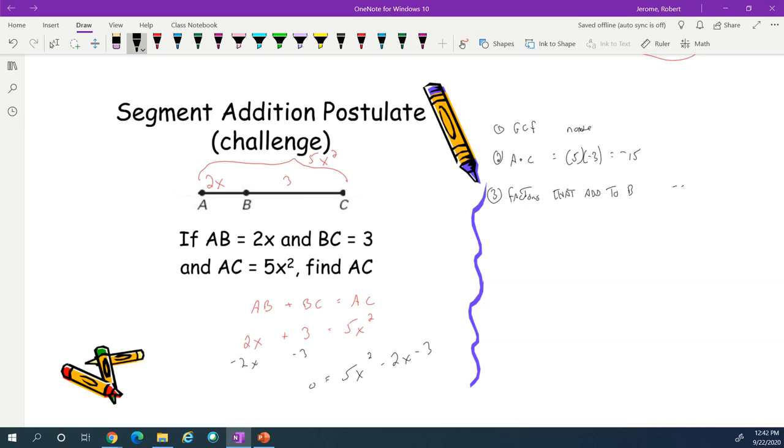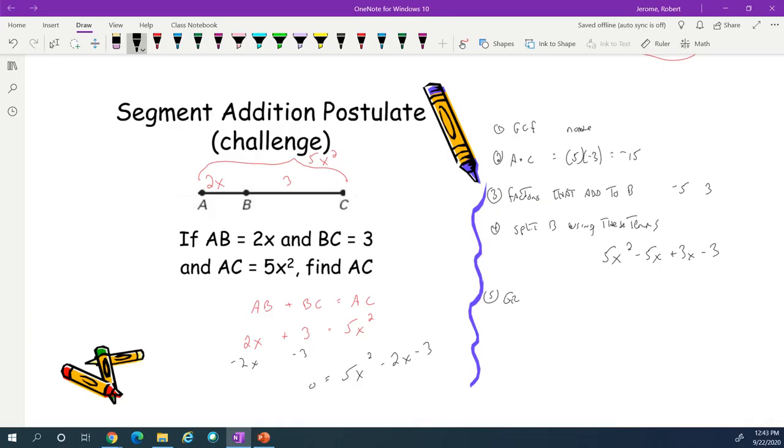Well, that's going to be a negative 5 and a 3. I'm going to split B using these terms. So that gives me 5x squared minus 5x plus 3x minus 3.